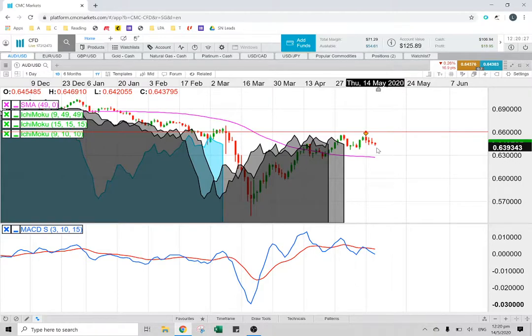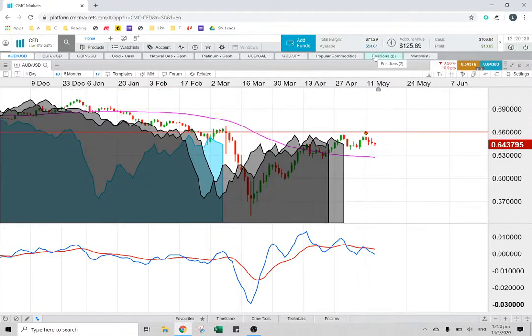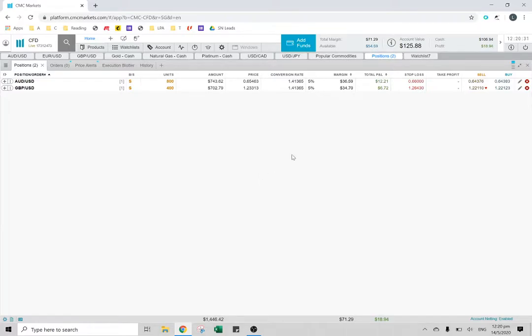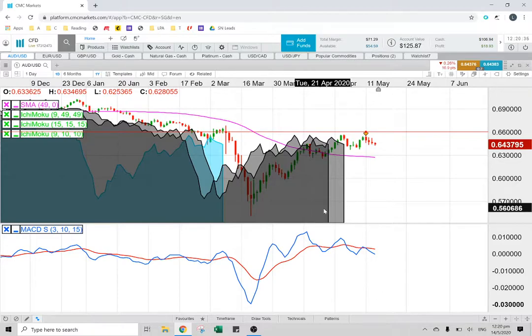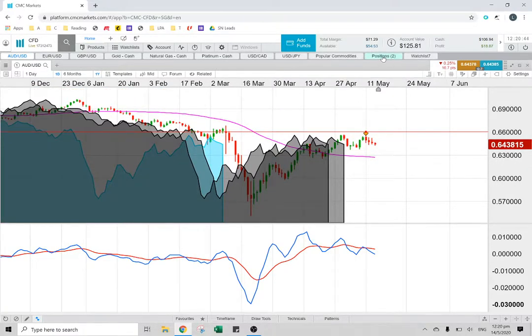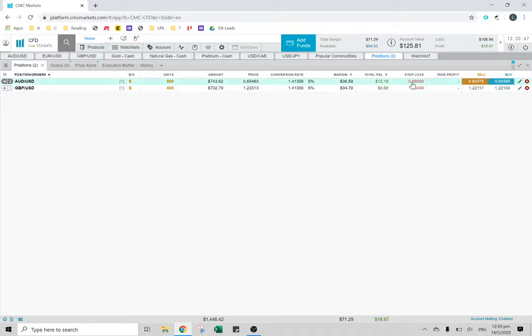That being said, how much are we making on Aussie dollar? We're making $12+. I don't really like the picture here, given that it's very sideways. So I think I would take profits here. I'm just gonna close out.